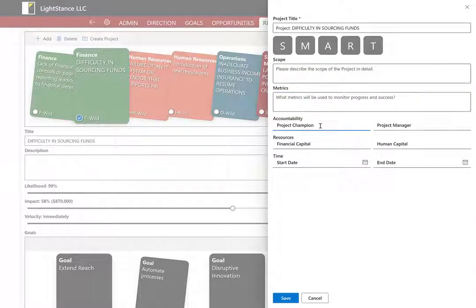So who will be accountable for making sure that we have the resources, and who will be accountable for making sure that the project is delivered on time and on budget. How much will the project cost, and how much of our internal human capital cost will there be, and time-based deliverables is important for any project.